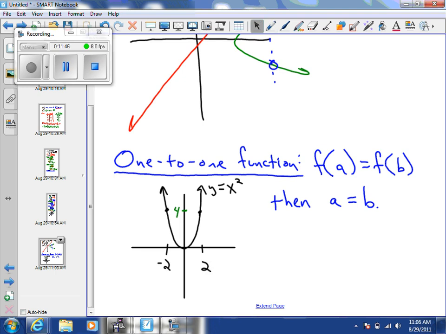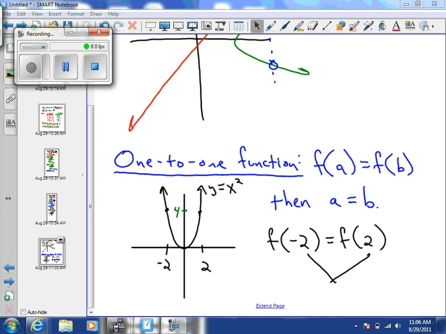It's not one-to-one because there are two different x values that both give me 4, -2 and +2. Here we have two function values. The function value at -2 is equal to the function value at +2, and you can see that these are different inputs. So this is not one-to-one, and therefore it does not have an inverse. The only way that a function is going to have an inverse is if that function is one-to-one.